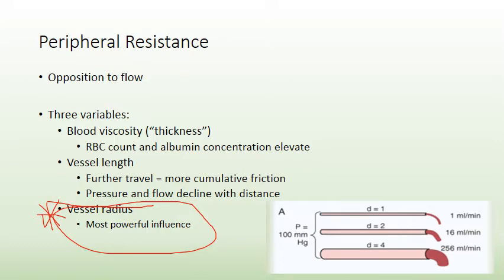Okay, so that is going to be a huge increase in flow rate because we have reduced the resistance as we increase the vessel radius. All right, so vessel radius is going to be very important in determining peripheral resistance.